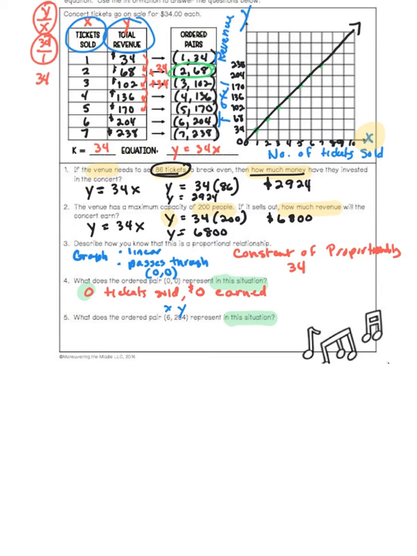Again, the x is talking about the tickets sold, so we have 6 tickets sold, and then $204 in revenue, or in earnings. So that's what that ordered pair represents.